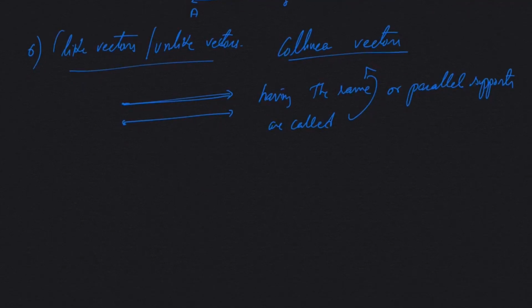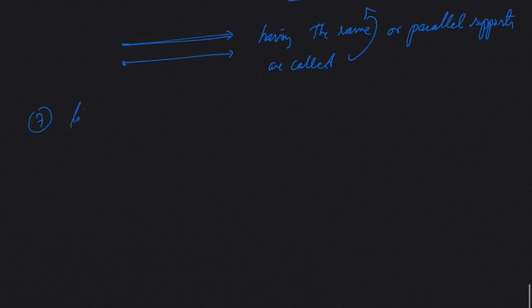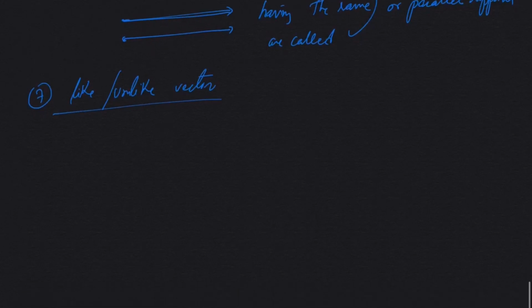Now what are like and unlike vectors? That will be number 7. Sorry, I just skipped collinear vectors, which was number 6. So I'll compile like and unlike vectors together. Now like and unlike vectors are not equal vectors.